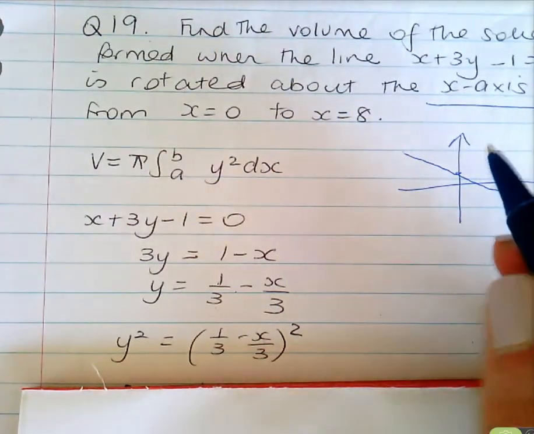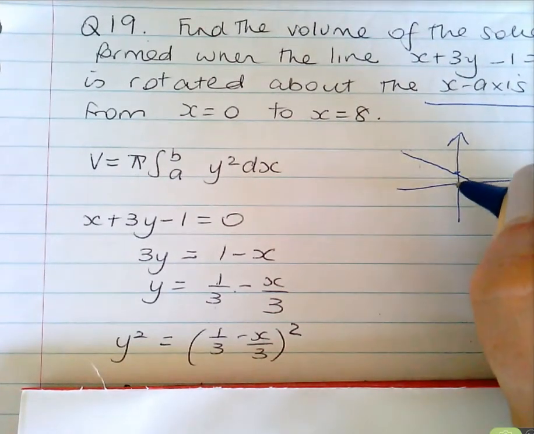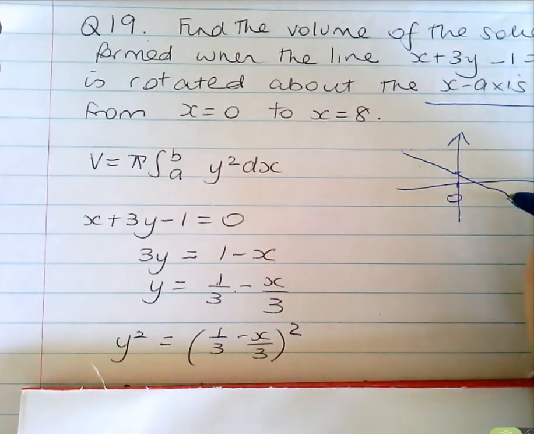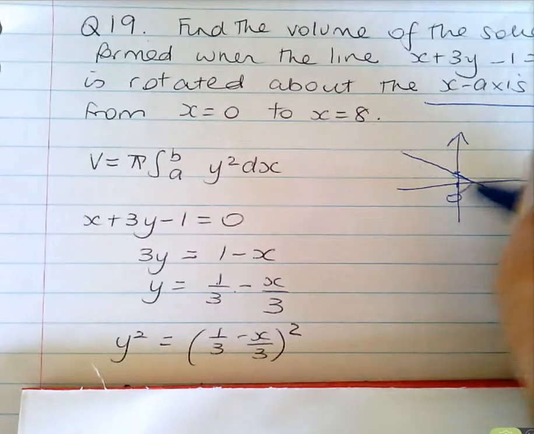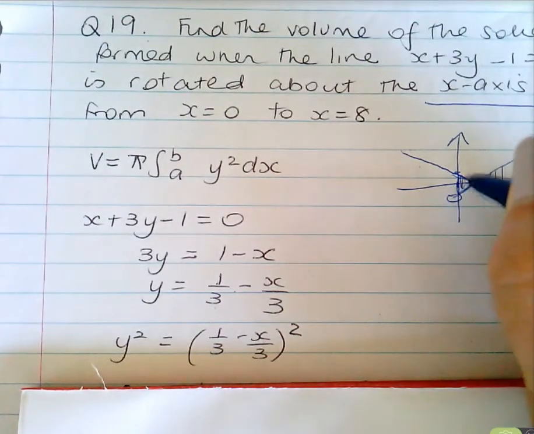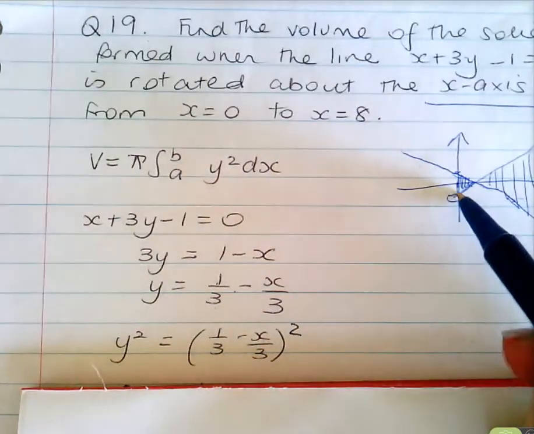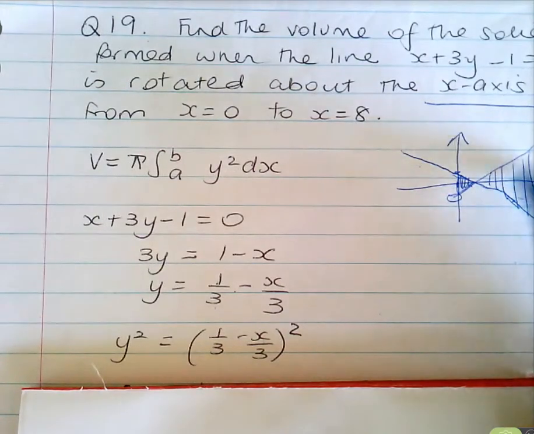So you're rotating about the x-axis between the values of x is 0 and x is 8. So you're actually rotating this thing, and some of it's going to go down and some of it's going to go up. You're going to end up with a solid like this, but it doesn't matter. You don't have to find this point of intersection and do that solid bit different to this one.